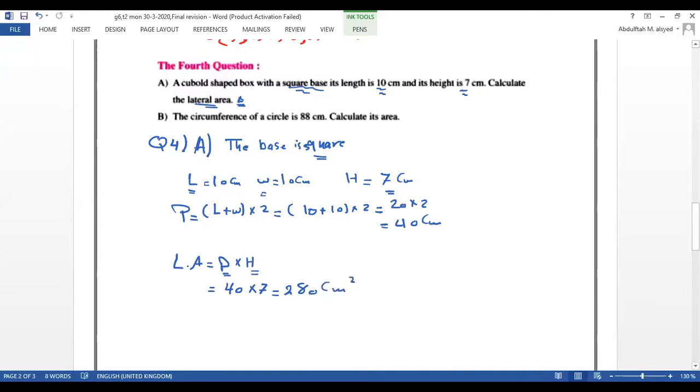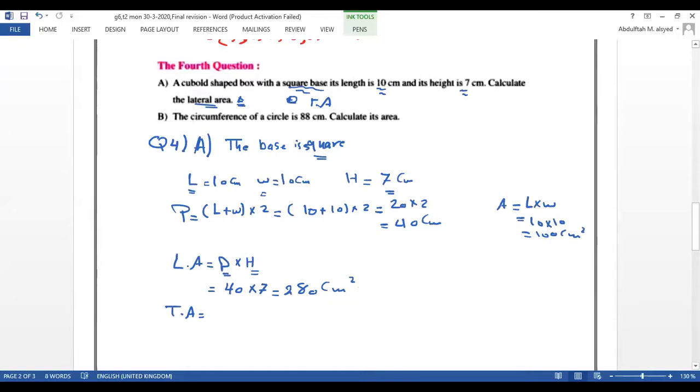If you want to find the total area, you have to find the area of one face, which equals length times width, 10 times 10, equals 100 square centimeters. Now you can find the total area. It's not required, but I give it to remind you.